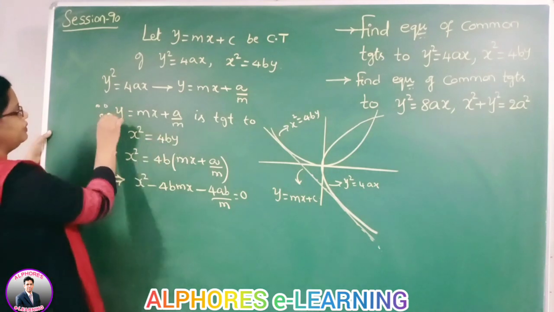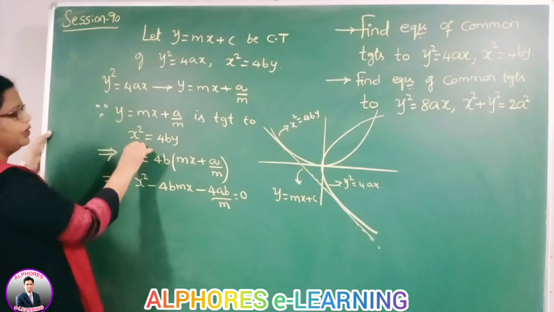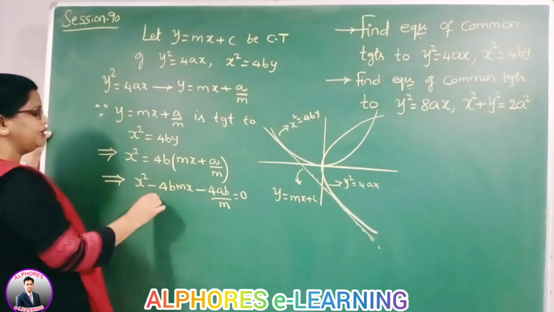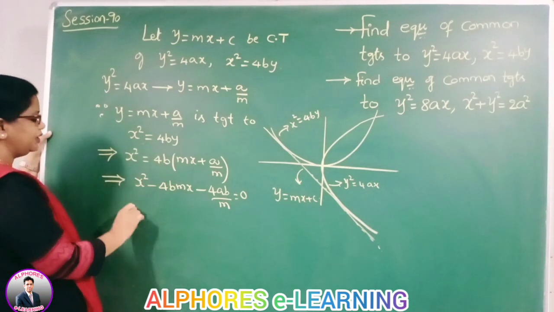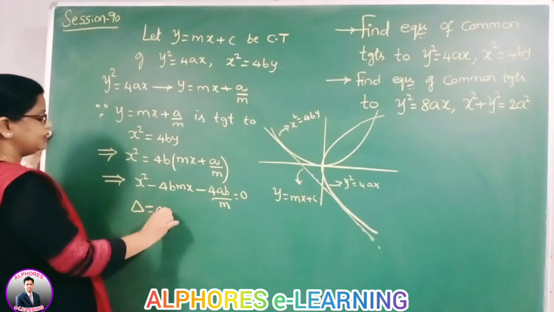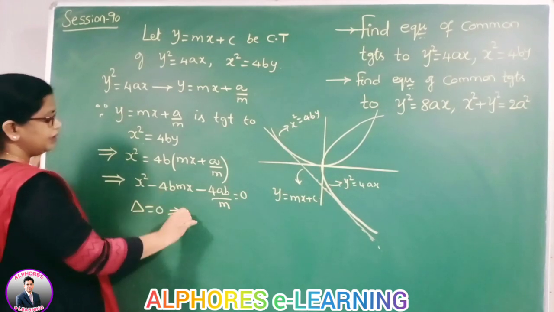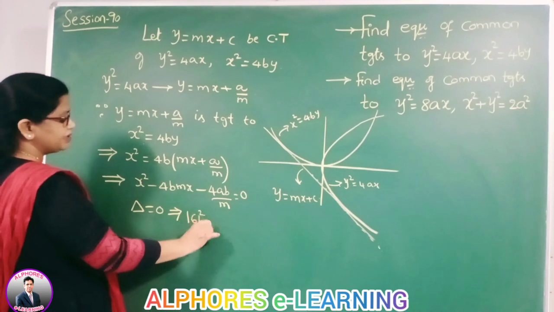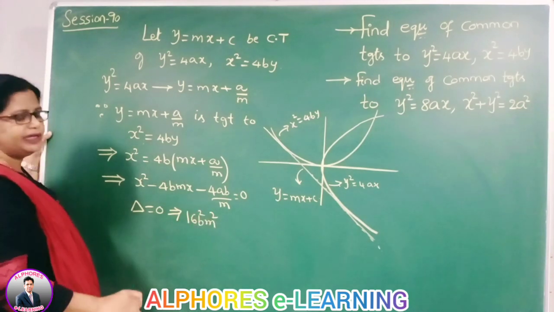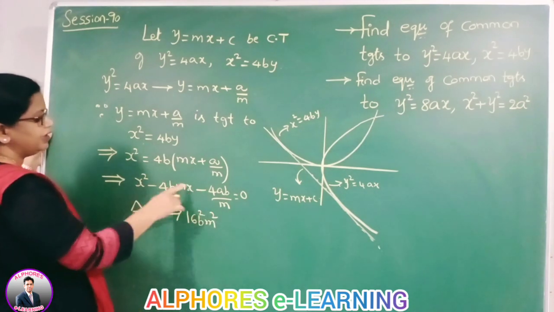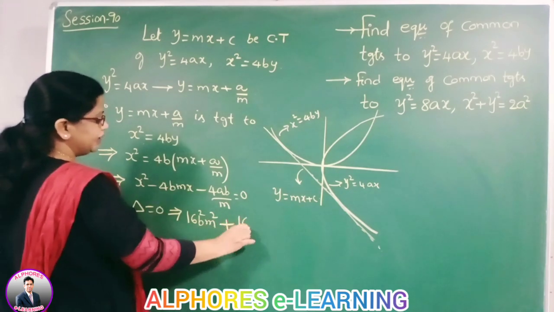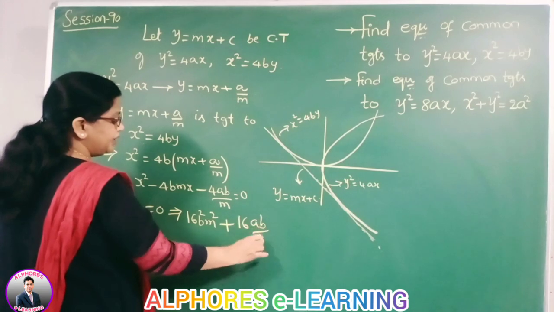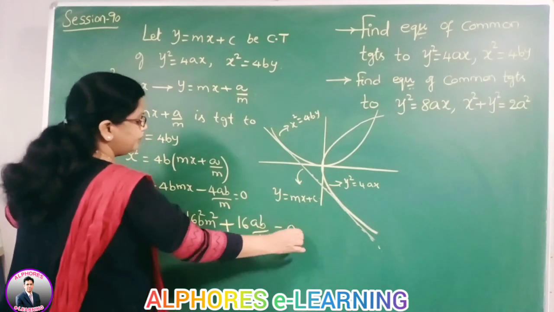So this is tangent to this parabola also, that's why we use the condition of tangency: discriminant is 0. So delta is 0 implies 16b square m square, minus 4ac, which is plus 16ab divided by m, is equal to 0.